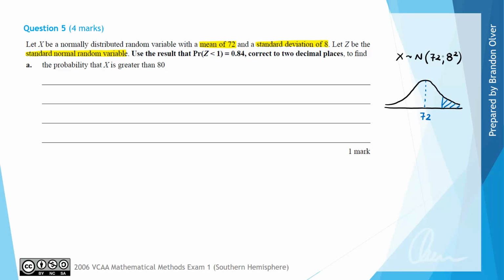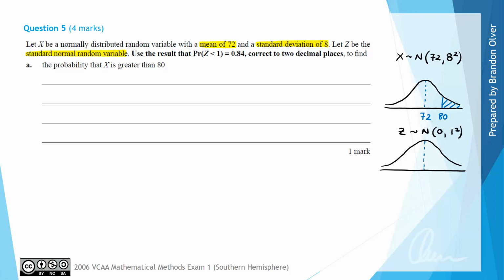Because our standard deviation is 8, that is one standard deviation above the mean. Underneath that distribution we'll draw the standard normal, which has the same shape, and is normally distributed with a mean of 0 and a variance of 1 squared.